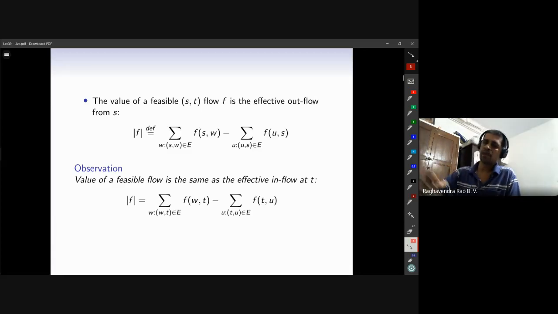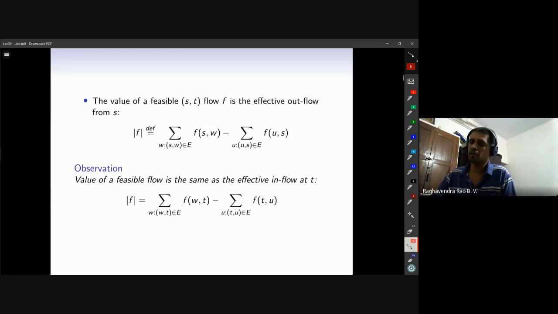The value of the flow is the effective flow out of S. You look at all outward edges, look at the flow that goes out. But there could also be incoming edges, so you look at all incoming flows and subtract them from the outgoing flow. This is the effective or net outflow.